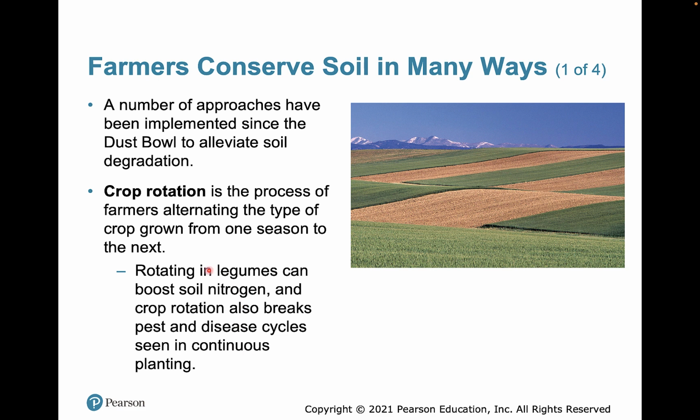So one thing you can do is crop rotation. Instead of planting the same crops in the same field year after year, you can rotate in legumes, or beans, that have nitrogen-fixing bacteria on their roots to boost the levels of nitrogen in the soil.